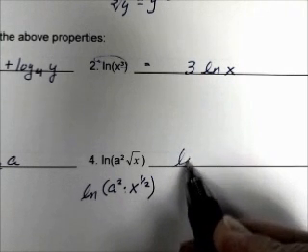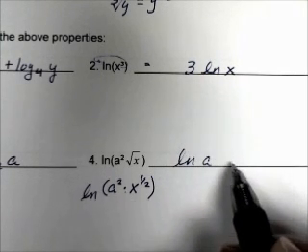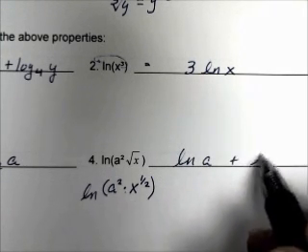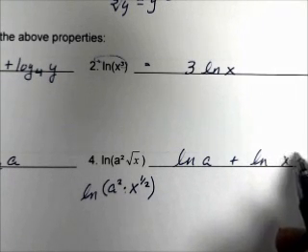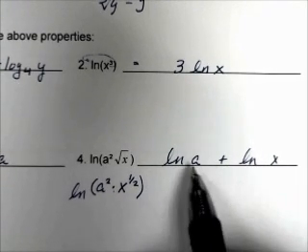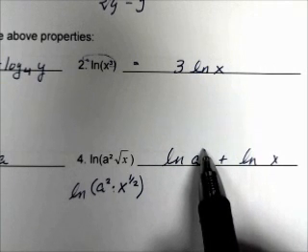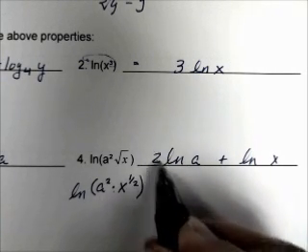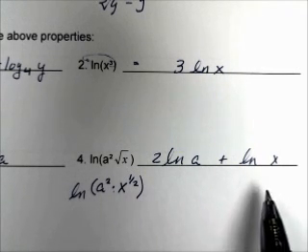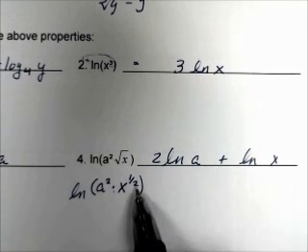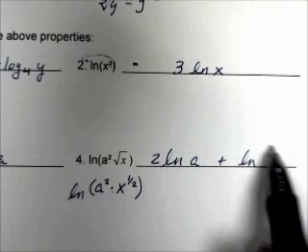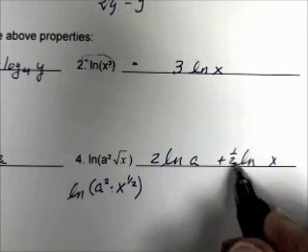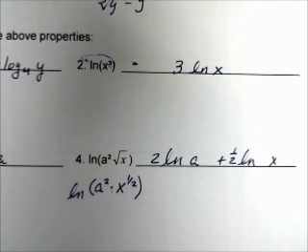So I would have ln of a squared plus ln of x to the 1/2. But let me go back. That power of 2 would come out in front as a multiplier, so it would be 2 ln a plus, and that power of 1/2 would come out in front as a multiplier, so plus 1/2 ln x.